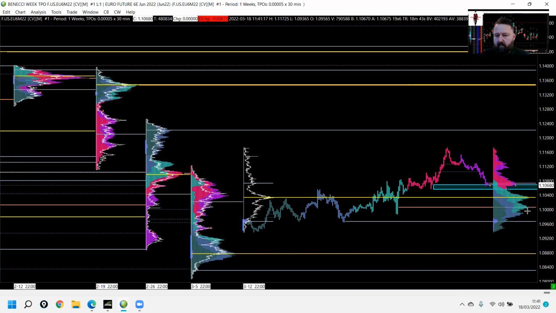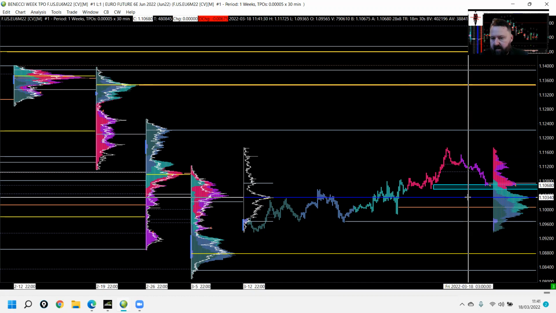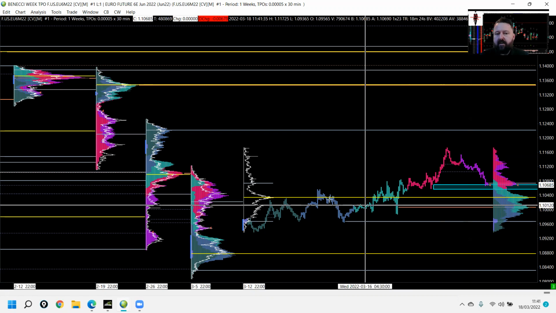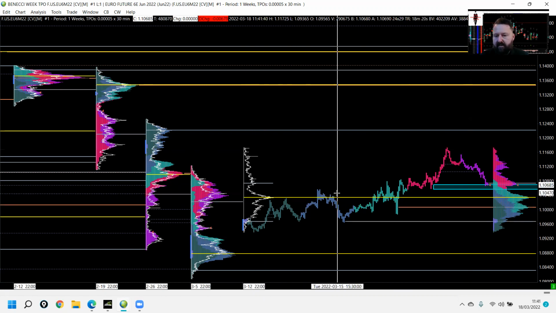That's quite important to know, where POCs are. This yellow one is the volume point of control. That's telling us that this area at 1034 is where most tradable volume took place during the whole week.